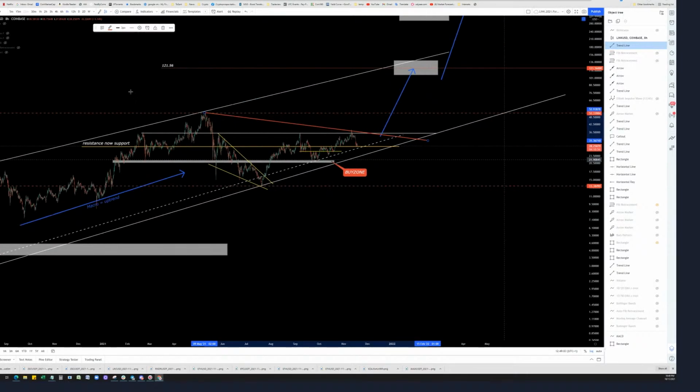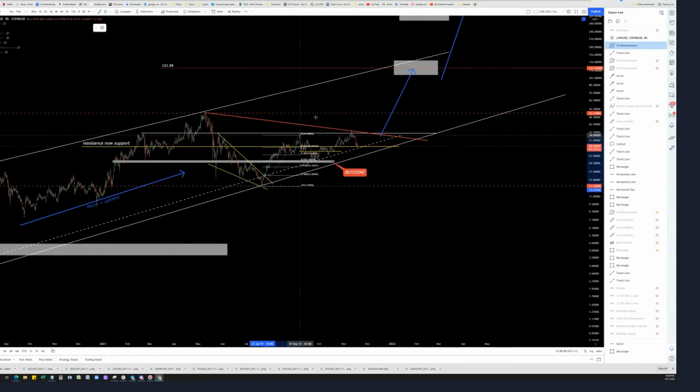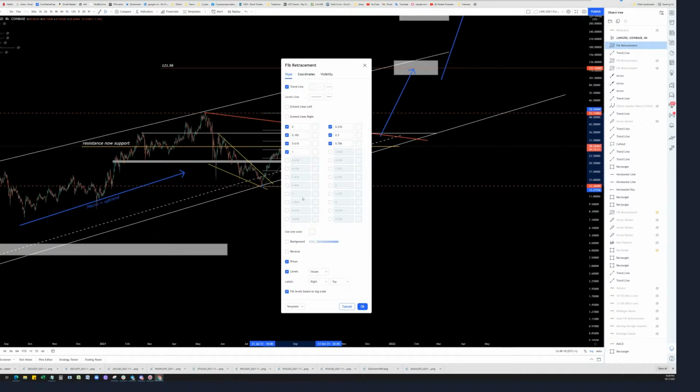Let's have a look. I want to see if it's the 618 that caused a resistance. And no. Oh, yeah, it is. Okay, the first one was. Come on. So let's put the defaults.